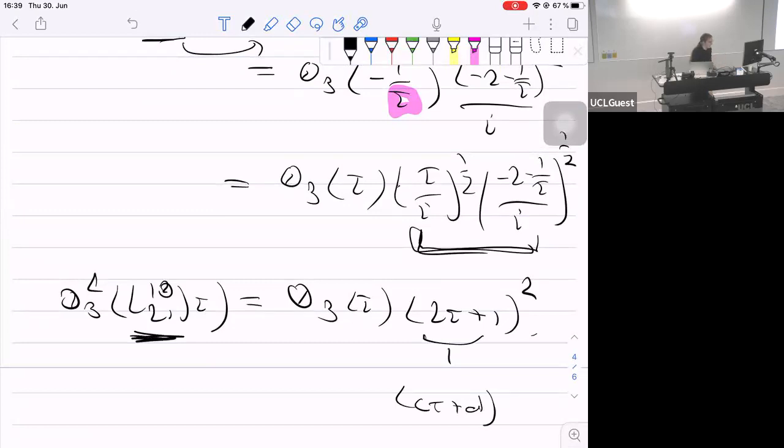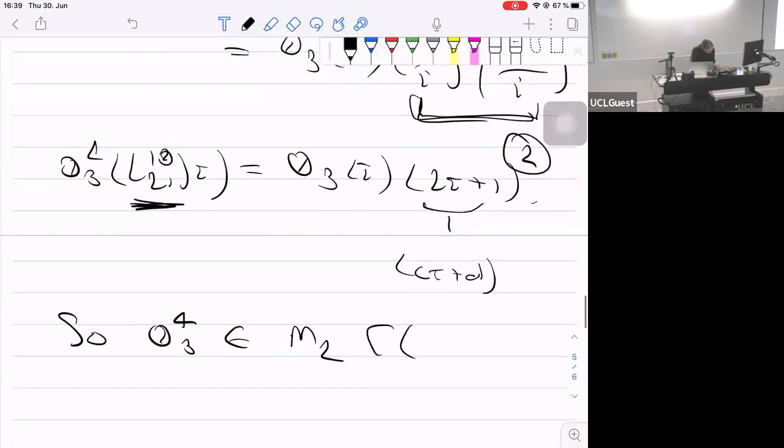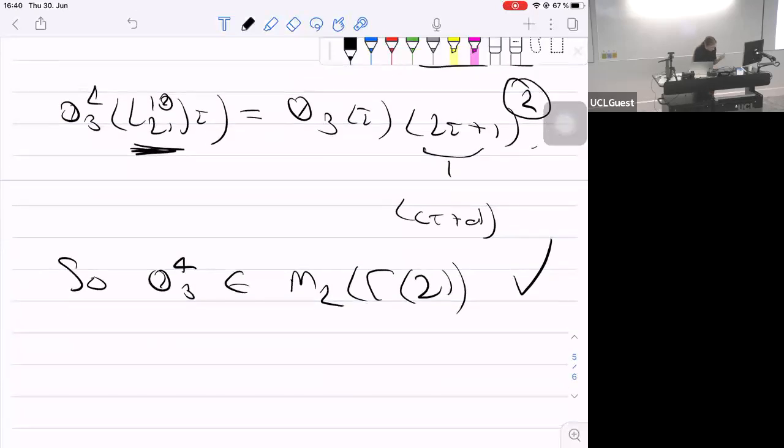And so that shows it satisfies the transformation property under (1, 0, 2, 1). And it's of weight 2. So indeed, that 4th power of theta 3 is a modular form of weight 2 for gamma 2.